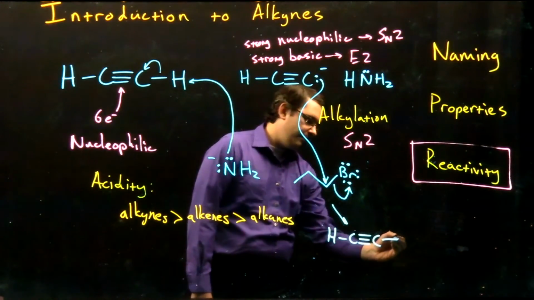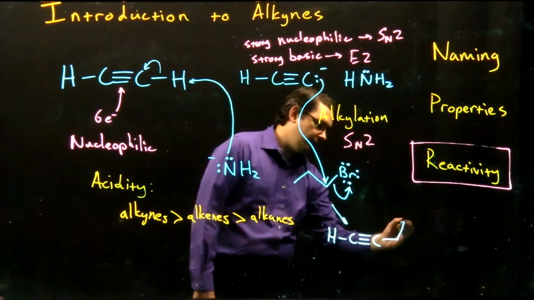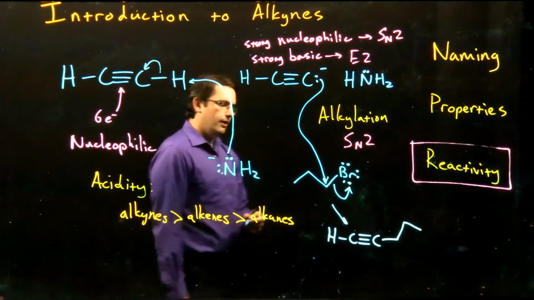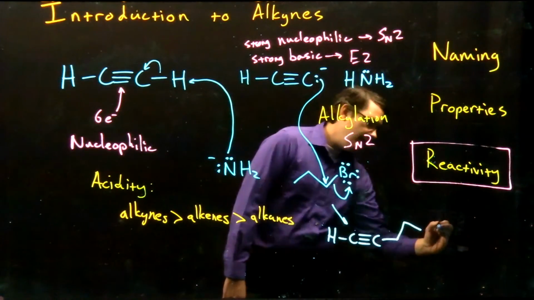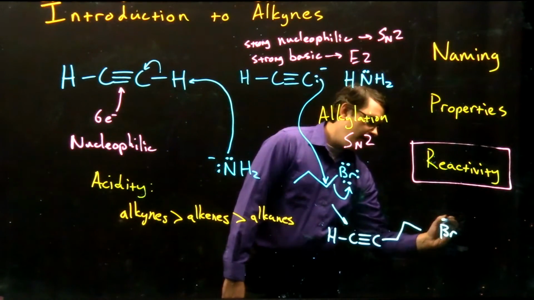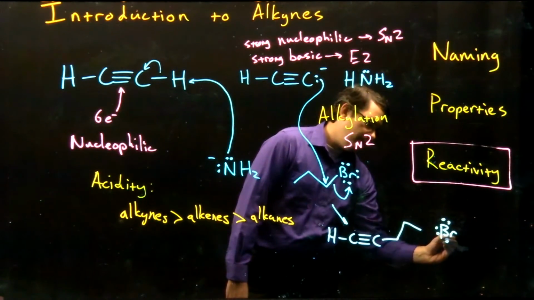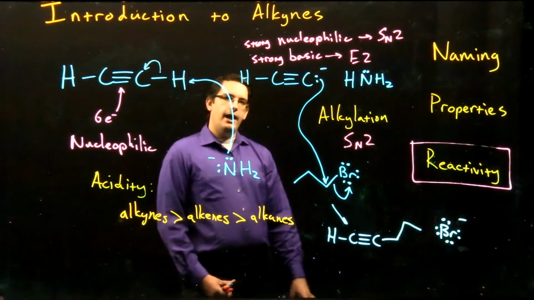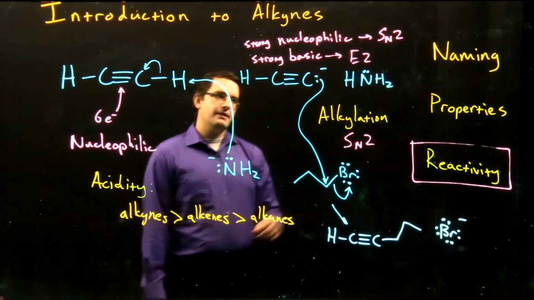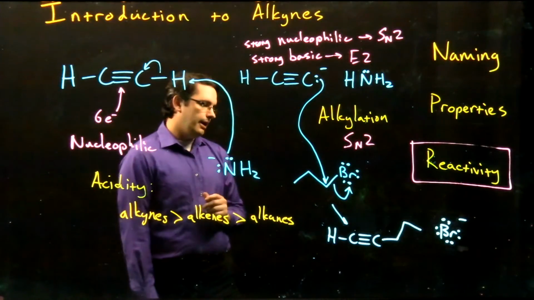So we'd stretch out a bond here, and then we'd have our 3 carbons now attached to our alkyne. And of course we also release our bromide as our leaving group. So this reaction can be used in order to add on a variety of different carbon-based structures to our alkyne.